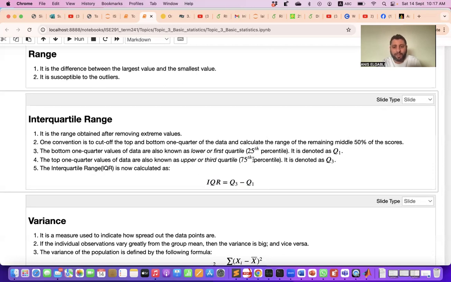The 75th percentile is the value in which 75% of the data is lower. In other words, 25% of the data is higher. And the 25th percentile is the value in which 25% of the data is lower, or in other words, 75% of the data is higher.